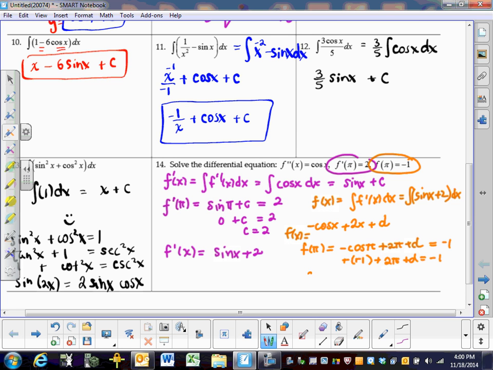So that means that d is actually going to be negative 2 plus 2 pi, sorry, minus 2 pi. That means that my f of x function, which is the solution to this differential equation problem, is negative cosine of x plus 2x minus 2 minus 2 pi, which replaces the d.